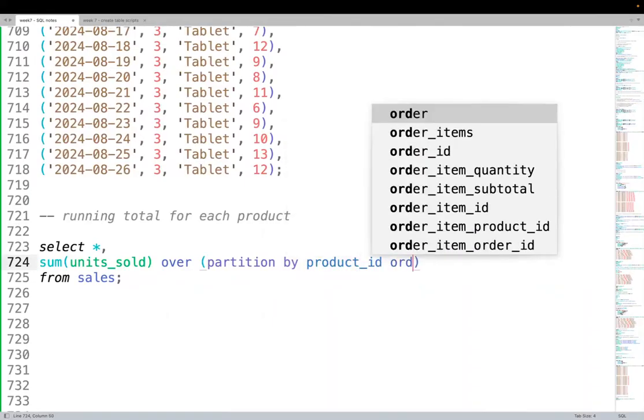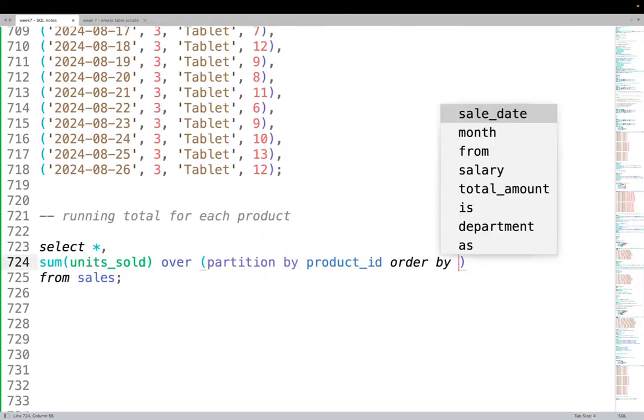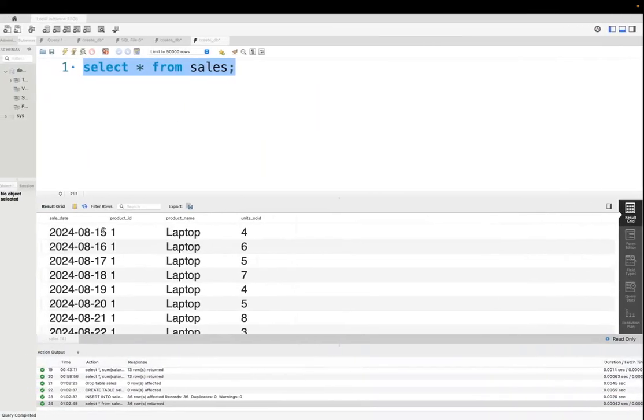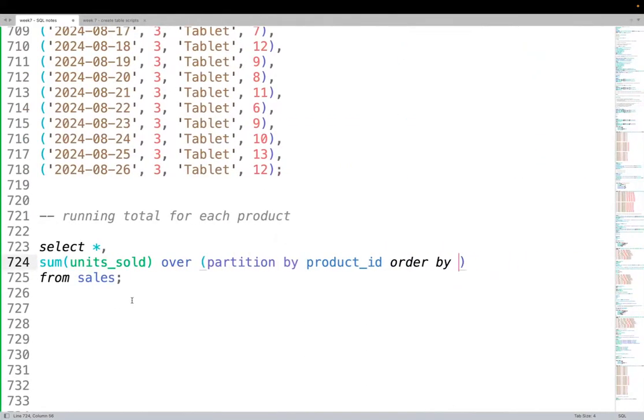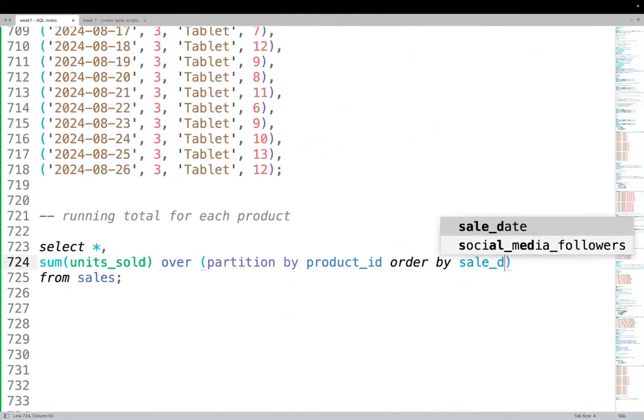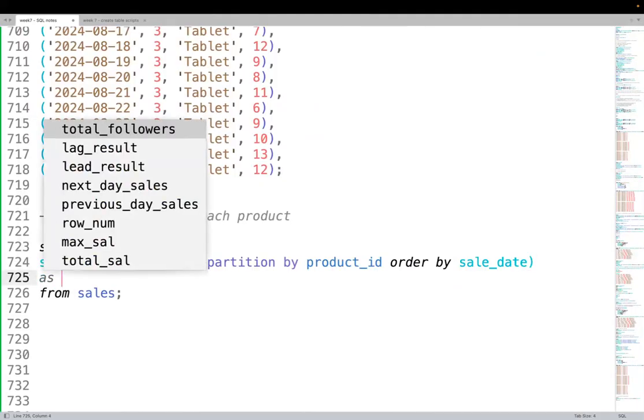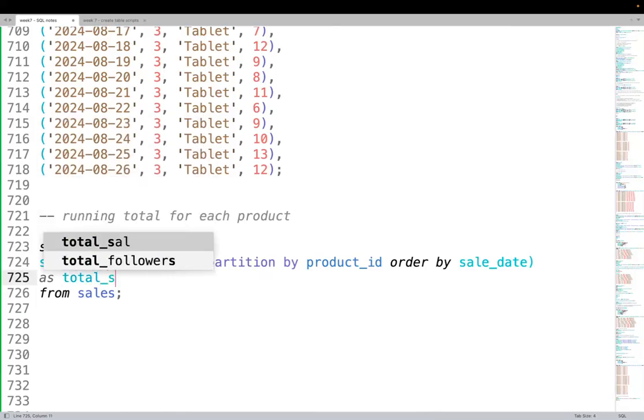Order by what? Order by sale date, I guess. Sale date. Okay. By default, it will be in ascending order. And I can give it some alias, let's say total sales, or running total, or whatever.